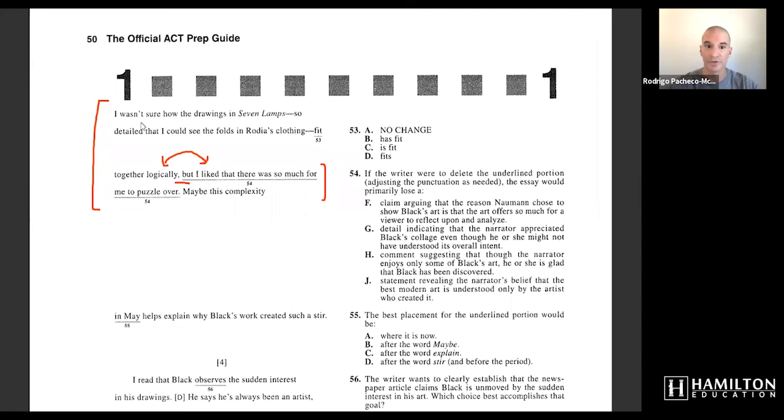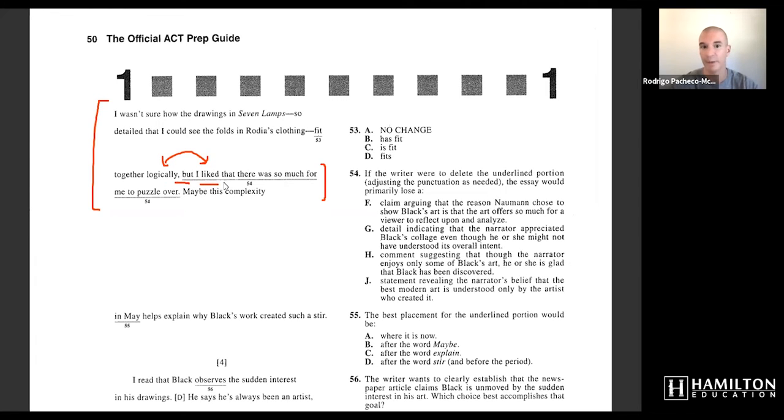I didn't really understand, but I liked that there was so much for me to puzzle over, or think about, or to try to figure out, right? Because I didn't fully understand, I liked that. I liked the fact that I had to think about it critically, perhaps. Okay, so we have a contrast of ideas.